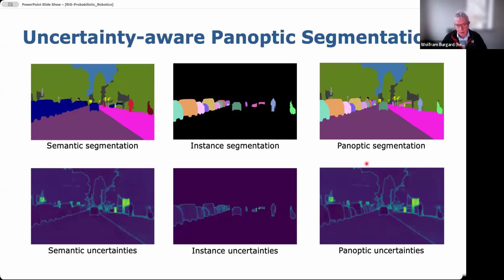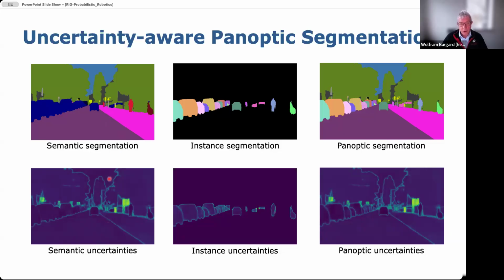One way of augmenting these tasks with proper calibrated probabilities is something that I have been working on over the past years with one of my students who's graduating right now. The question is, how can we actually perform semantic segmentation and provide proper uncertainties at the very same time.